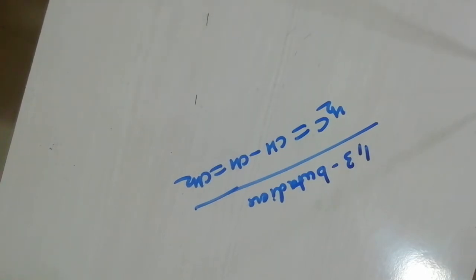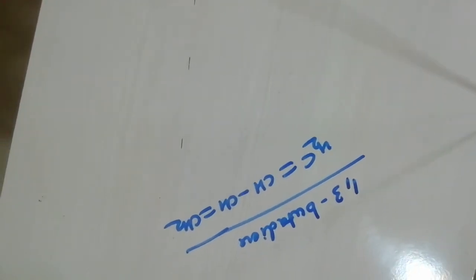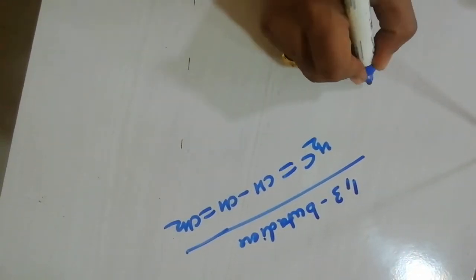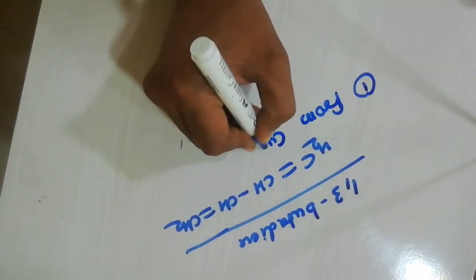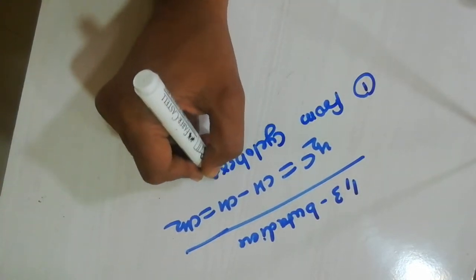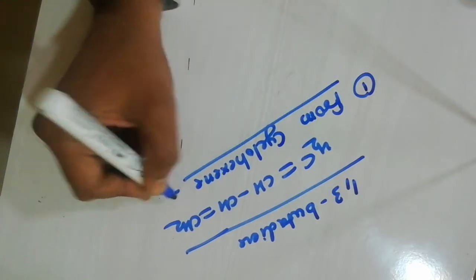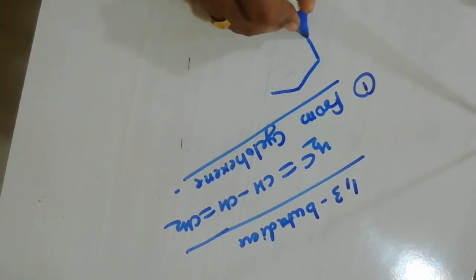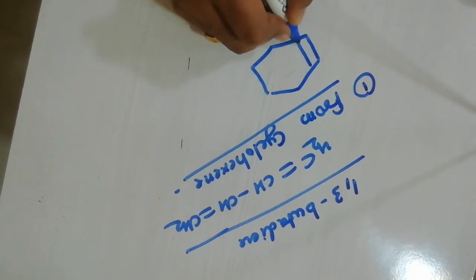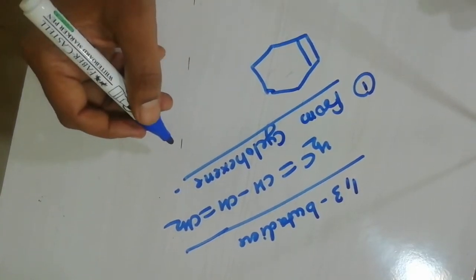Now, regarding its preparation, the best way to prepare it is from cyclohexene. What is cyclohexene? You know, cyclohexene is a 6-membered ring compound with one double bond, right.